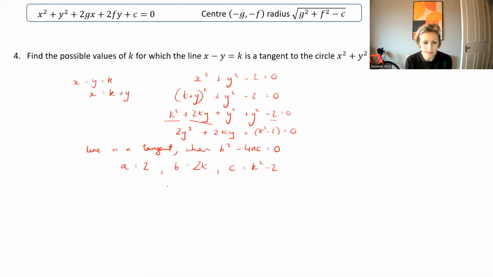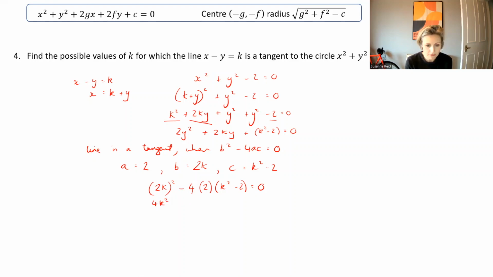So subbing that into b squared minus 4ac gives me 2k all squared. Be careful with that, you want to square the 2 and the k. Minus 4 times a times c. And we want to make that equal 0. So 2k all squared is 4k squared.